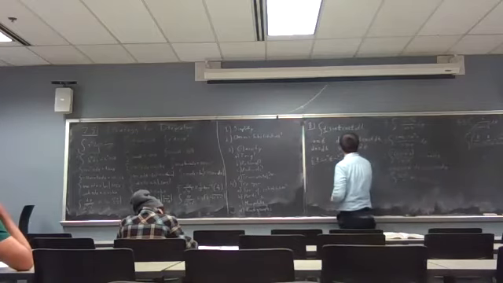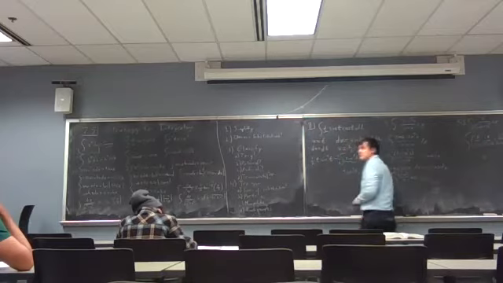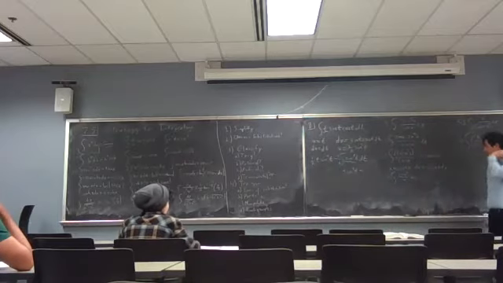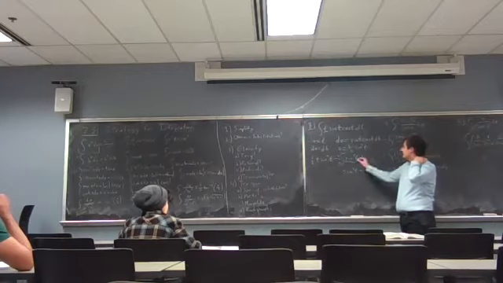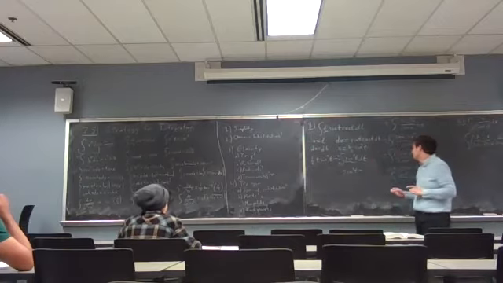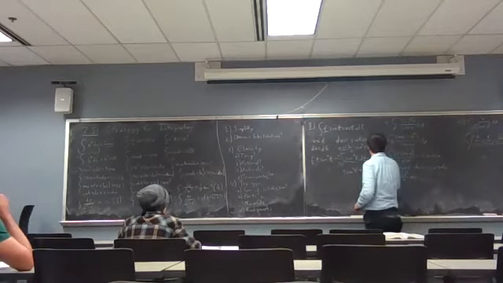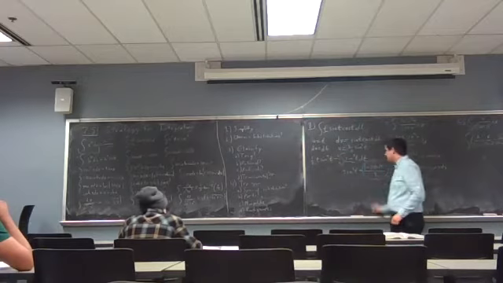How can I rewrite sine squared t? Not sine 2t, sine squared t. There's a difference. 1 minus cosine 2t over 2. So I'll put that in there.